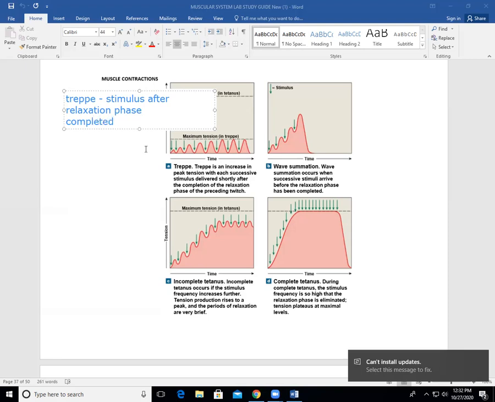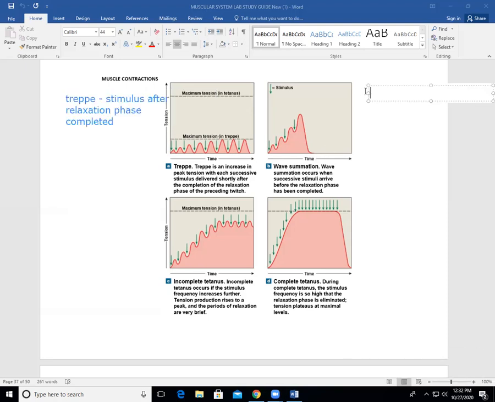Okay, with wave summation, you actually get a greater increase in tension. That happens when the successive stimuli are arriving before the relaxation phase is completed.